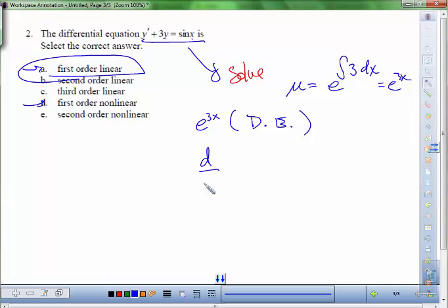We know that that left-hand side is going to be the derivative of a product, and the product is going to be the integrating factor times y. Right? And then the other side is e to the 3x sine x.